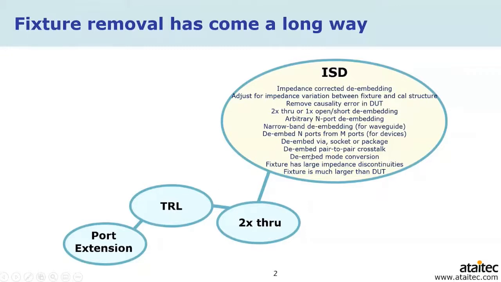Of course, we can de-embed pair-to-pair crosstalk and mode conversion. When the fixture has very large impedance discontinuities, or the fixture is very large compared to DUT, this is the kind of problem that could not be done before, and now we can handle that very easily.